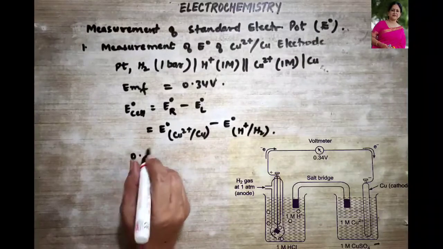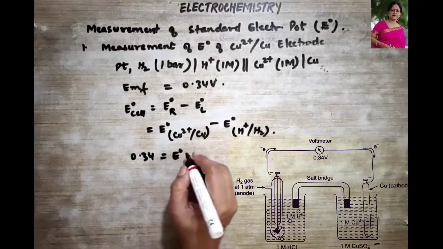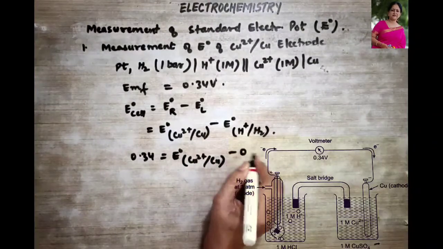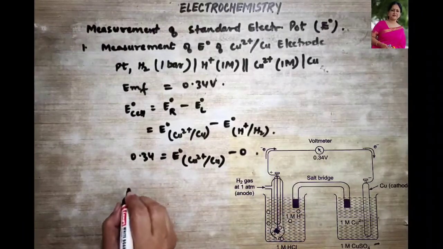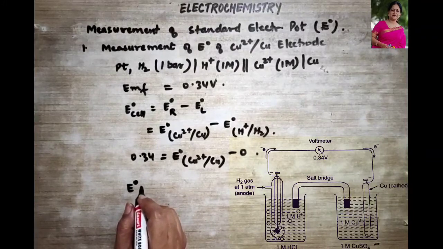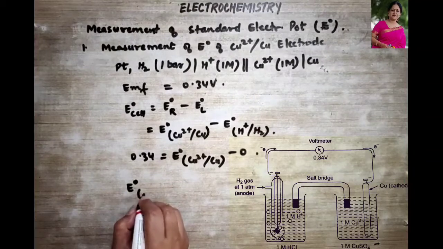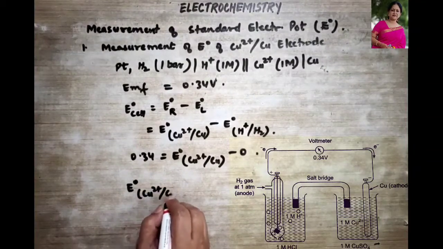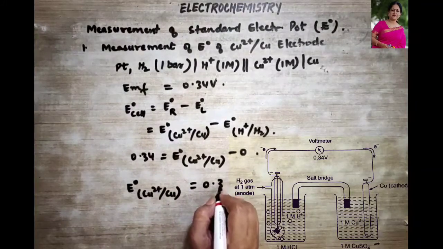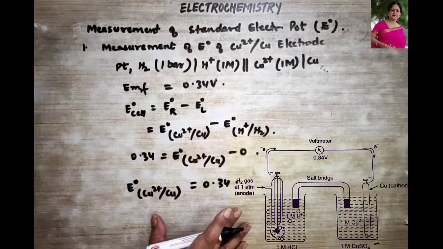So 0.34 is equal to E of Cu2+/Cu minus 0. So what do we get? The standard electrode potential of the copper ion and copper electrode, we get as 0.34 volts. Okay, I hope till here it's clear.